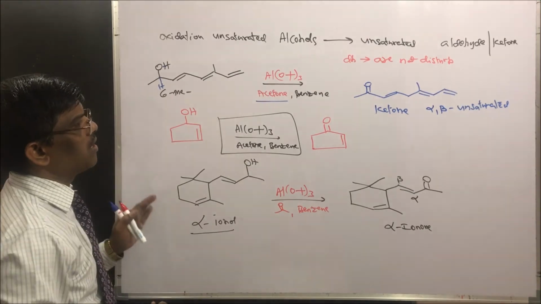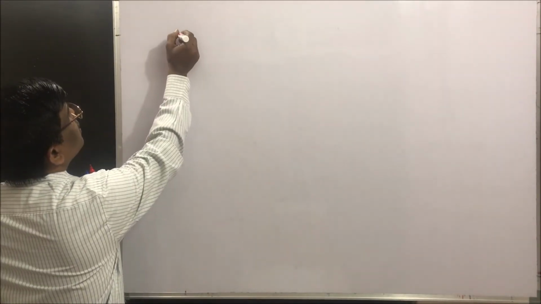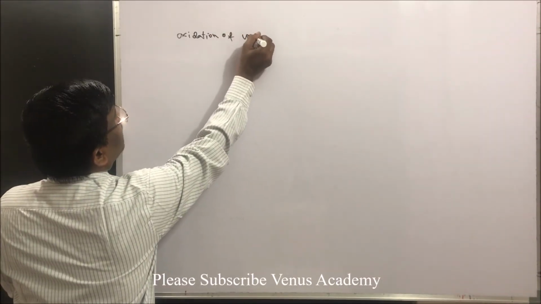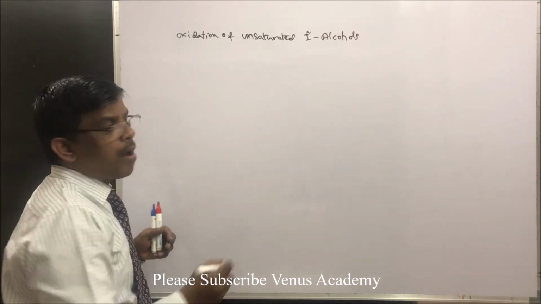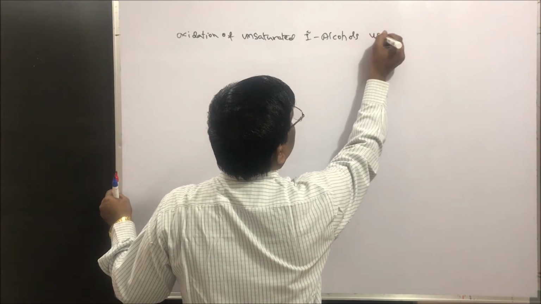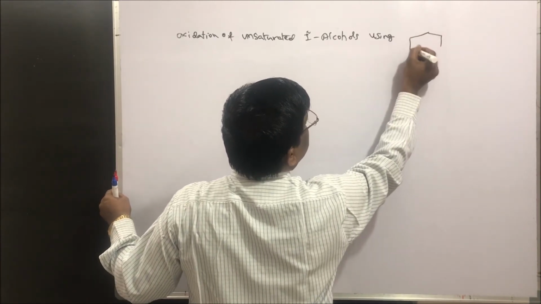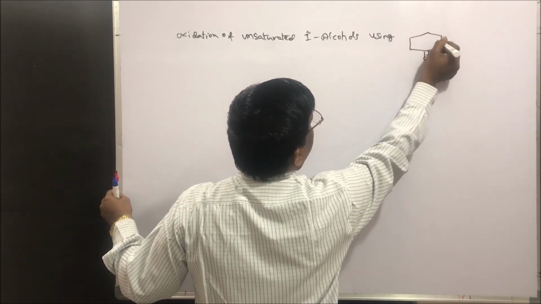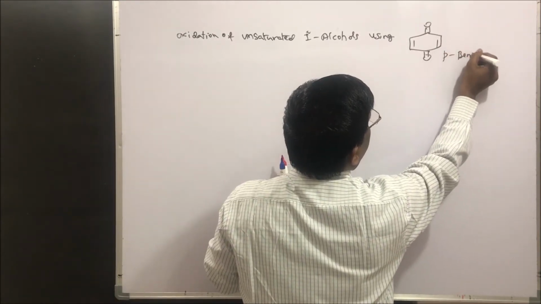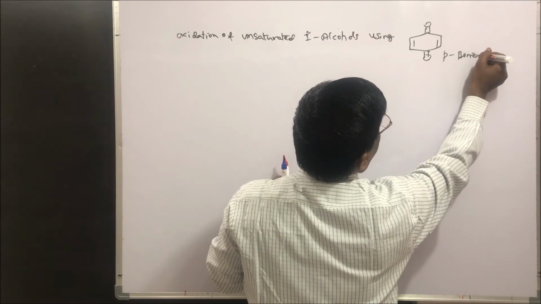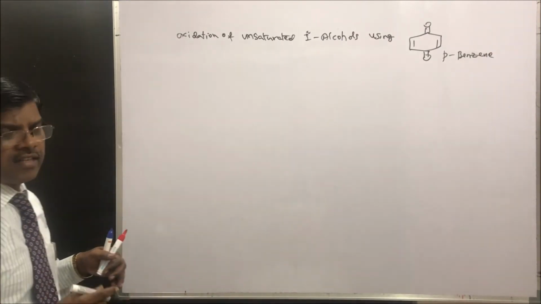Let us take some more examples. Oxidation of unsaturated primary alcohols using parabenzoquinone. So this parabenzoquinone is going to be a good hydrogen acceptor. Using this parabenzoquinone, the reaction will be pushed forward very fast. Let us take one example and see.